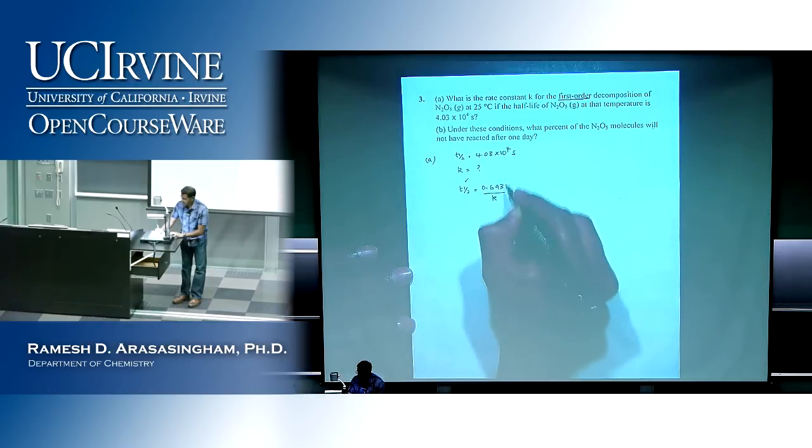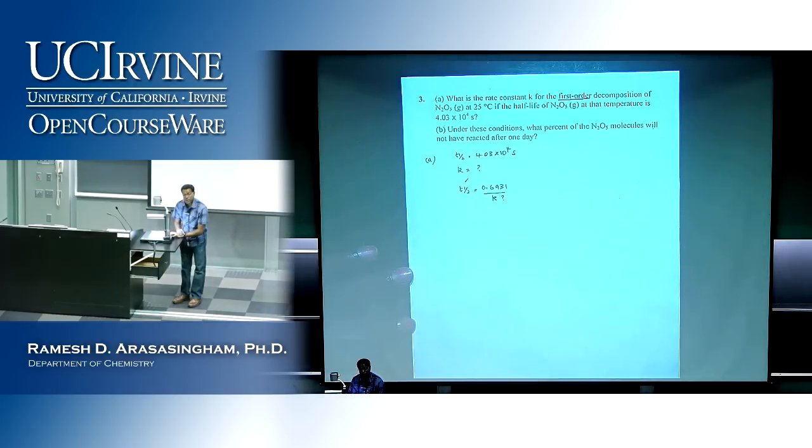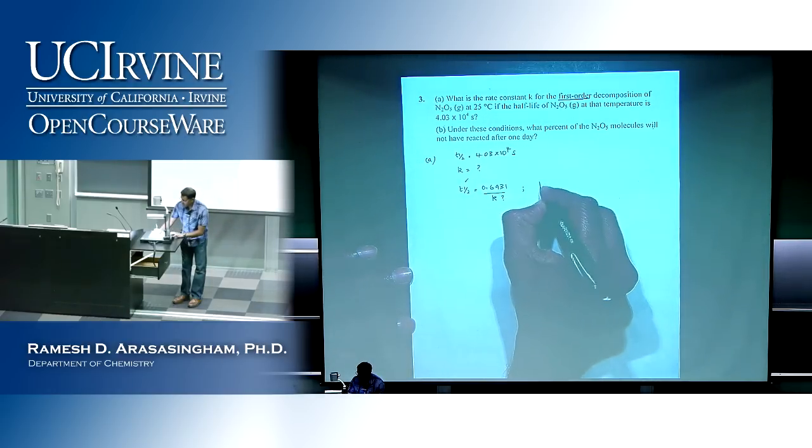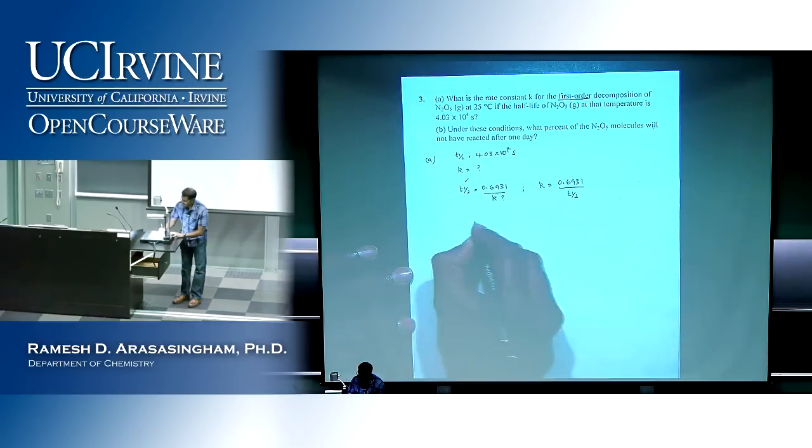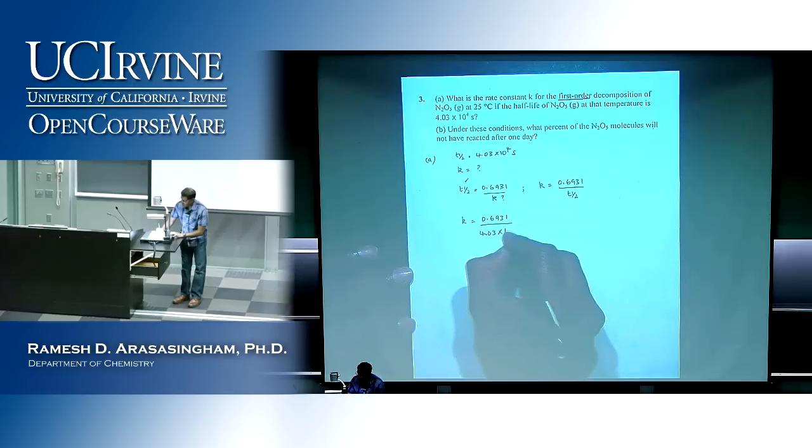I know what this is. This is a number. This is what I need to find. So you can see k equals 0.6931 over t half. And therefore k equals 0.6931 divided by the half-life, which is 4.03 times 10 to the power 4 seconds.